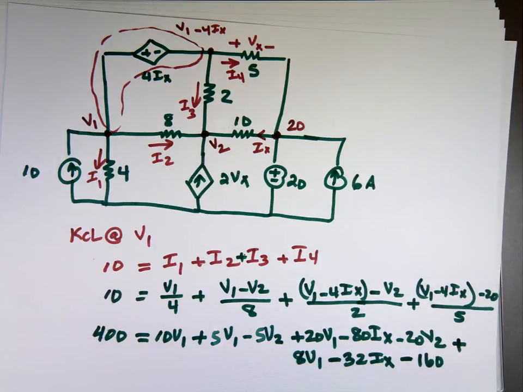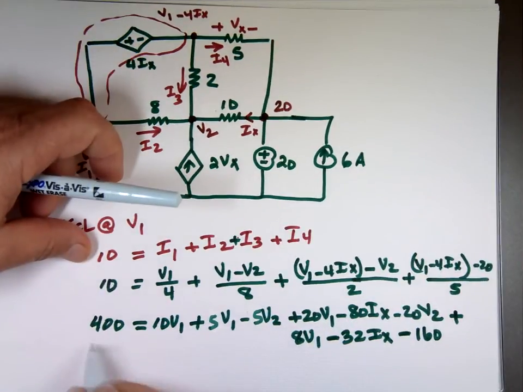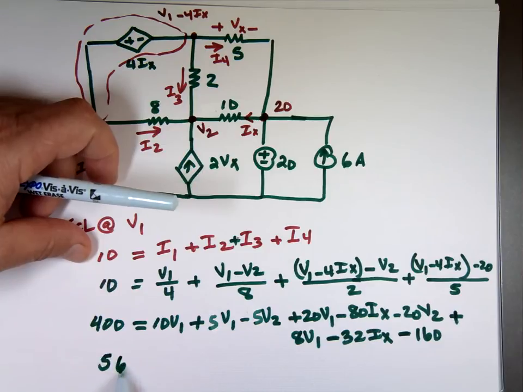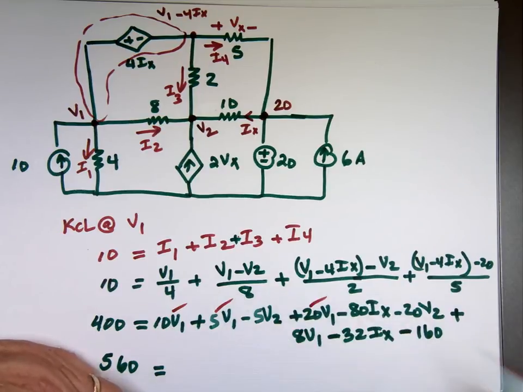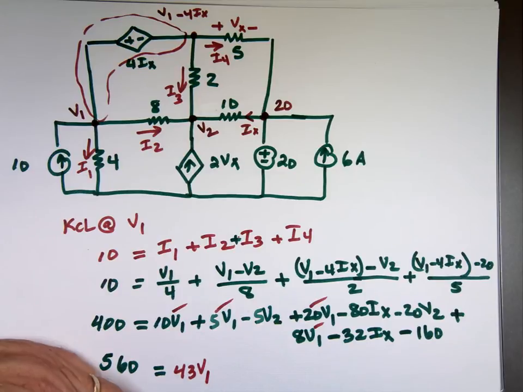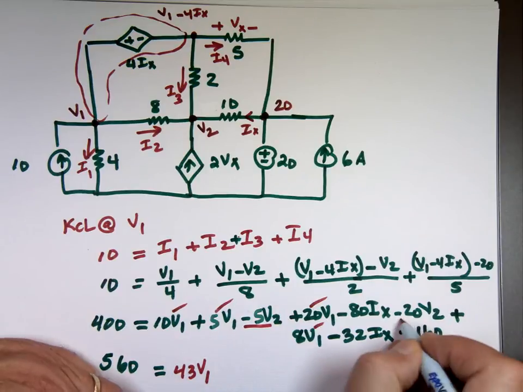Add 160 to the other side. So if we add 160 to both sides, we'll have 560. Now the V1 terms: 10, 15, 35 so far, 35 and 8, 43. Let's look at V2s. Negative 5, negative 25. Any more?